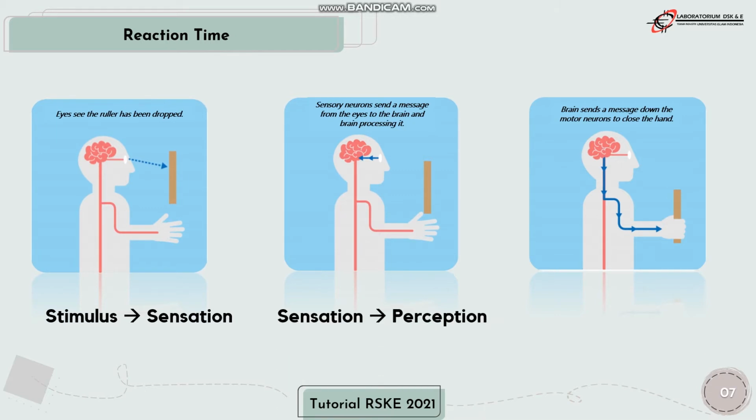Furthermore, at the perception stage, the brain will process the information to decide what action to take. In the end, this decision is transmitted to the nerves, which then occurs at the stage of action where the respondent's hand catches the ruler.